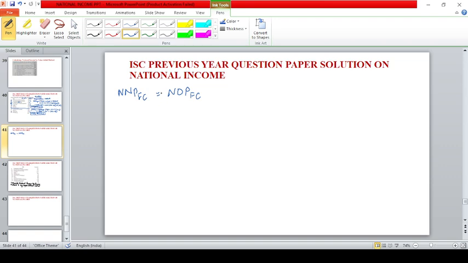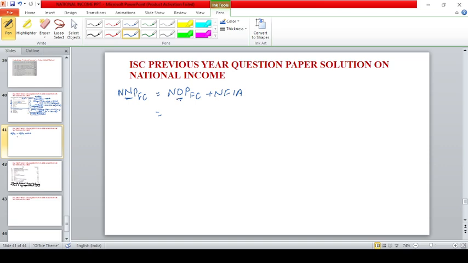This will go a little bit faster. The N and N are the same. Only for national, we have to add NFIA to domestic so that we can get national. Rest everything is the same, so nothing to do with it.